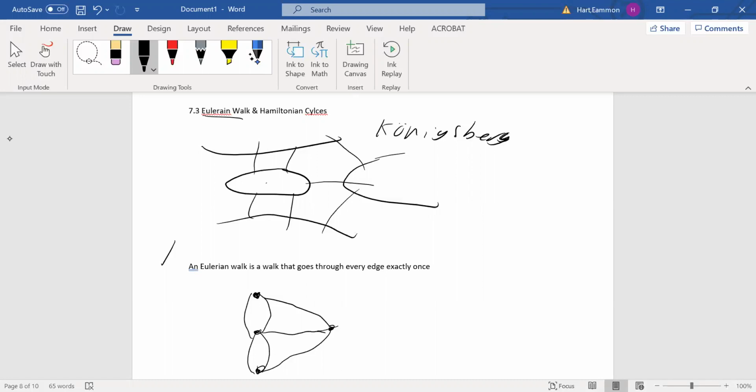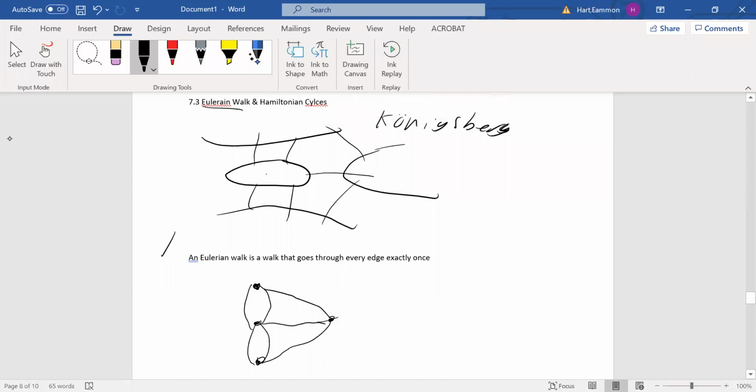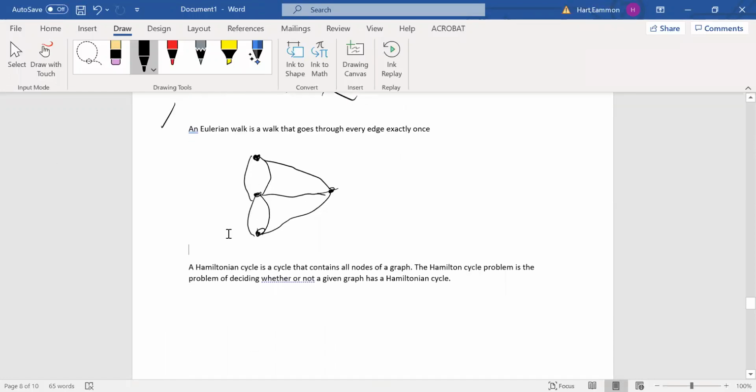We can look at the underlying graph of this, turn each chunk of land into a vertex and each bridge into an edge. Now if we connect these, we get a non-simple graph because we get these double connections, but that's fine.